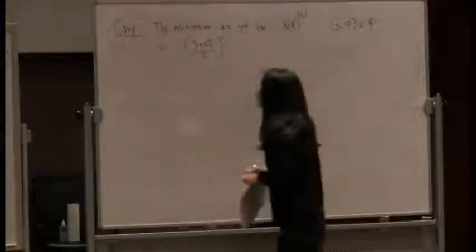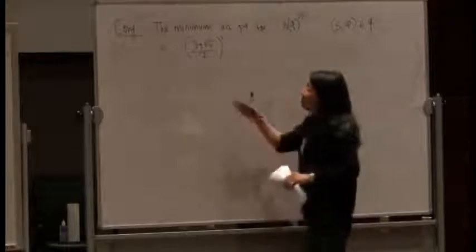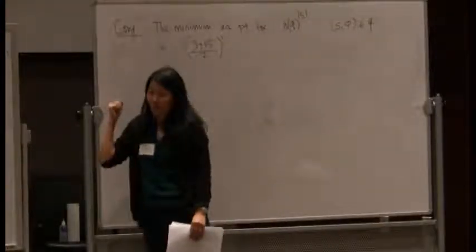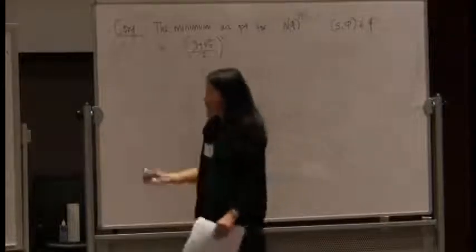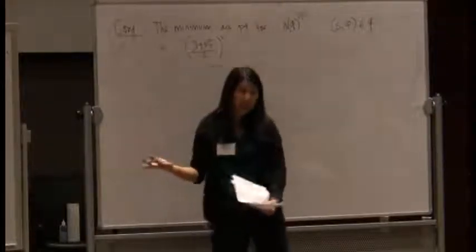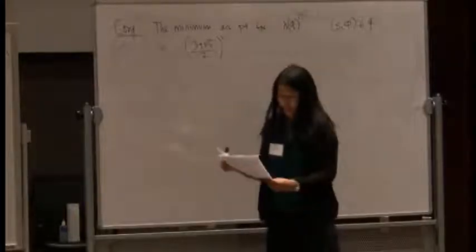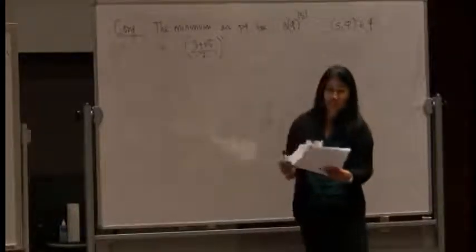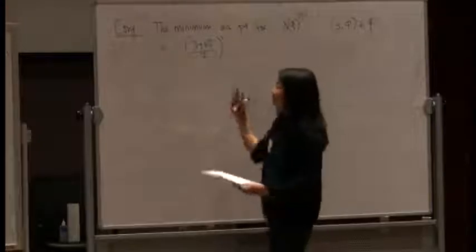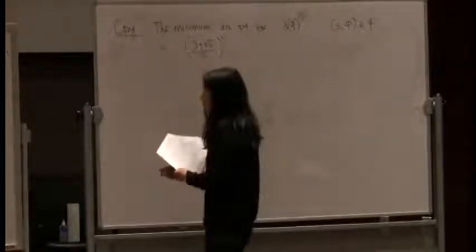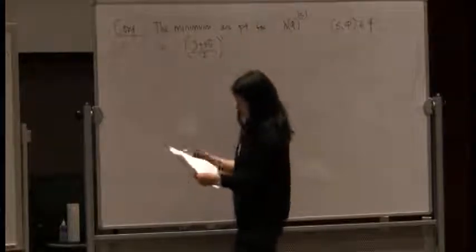But the Farb, Margalit, and Leininger theorem says that the minimum is attained because you only need to look at some finite set of 3 manifolds. Nobody knows how big that set is, but it is attained, and so here's a conjecture. Okay, so let's see.